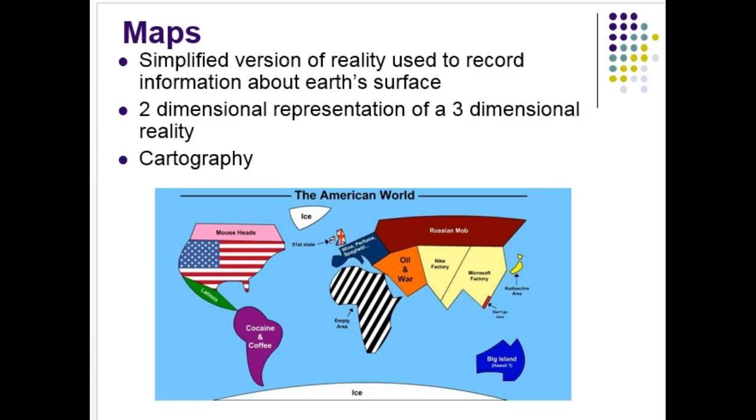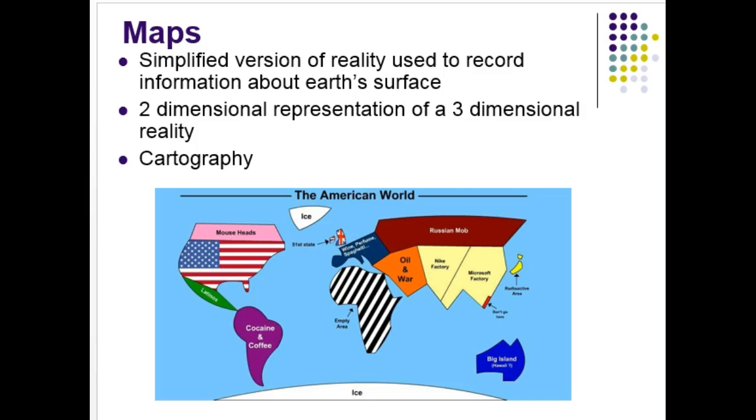That means that maps themselves are always going to be distorted, not only because of what they represent and don't represent, but also because you're really looking at a two-dimensional representation of a three-dimensional reality, right? The globe is 3 dimensions, and yet what we're creating is put on paper, and it's only 2 dimensions. So just be aware that there's always bias in every map that you look at.